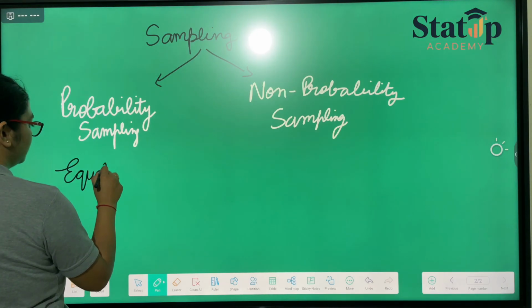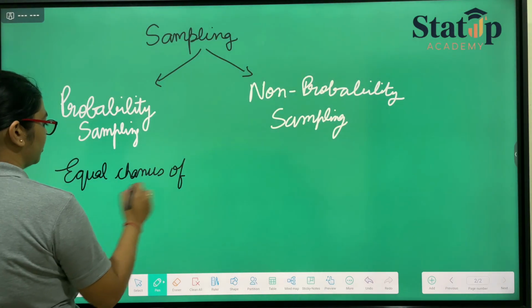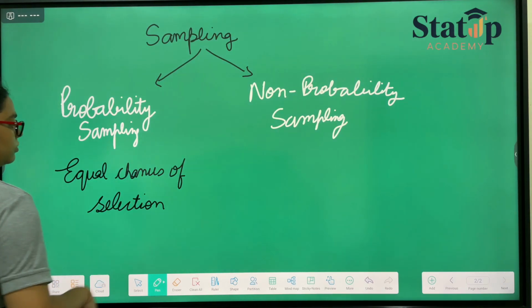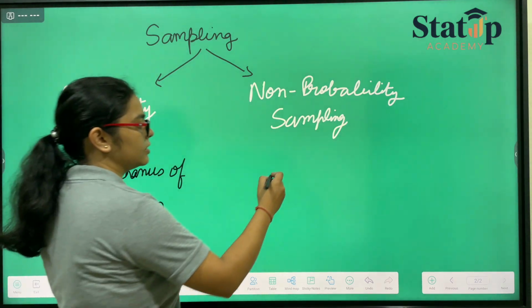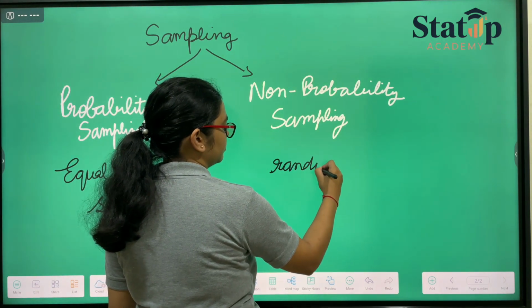Equal chances of selection, and where random chances of selection are there.